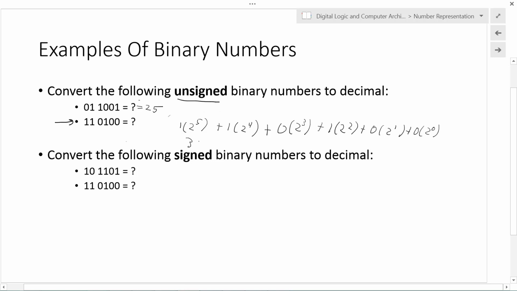So we have 32 plus 16 plus 0 plus 4 plus 0 plus 0 equals what? 16 plus 32 is 48, plus 4 is 52. So we can come over here equal to 52.